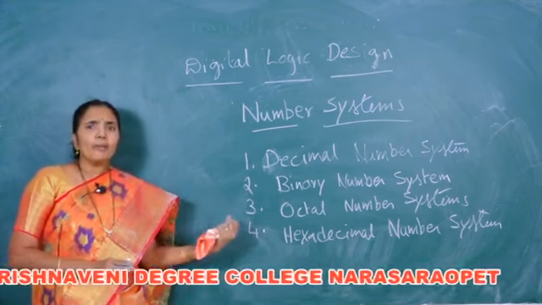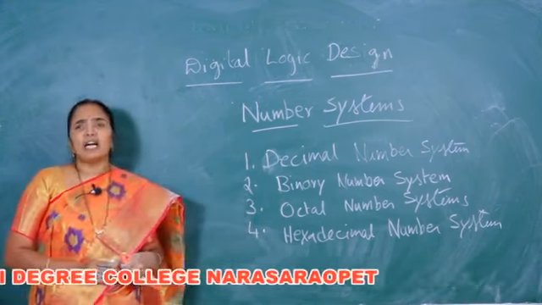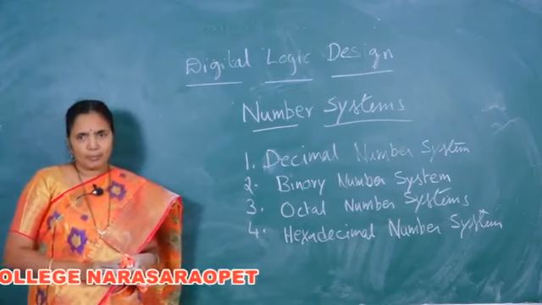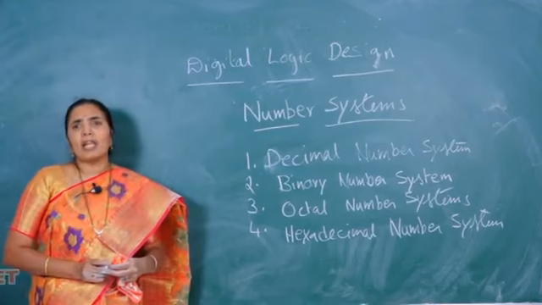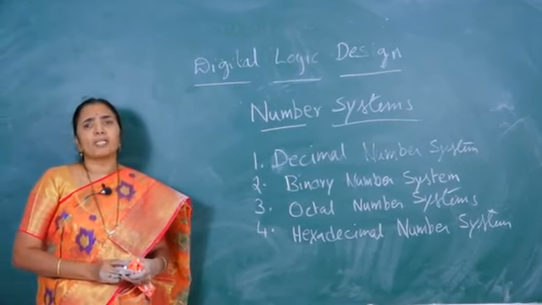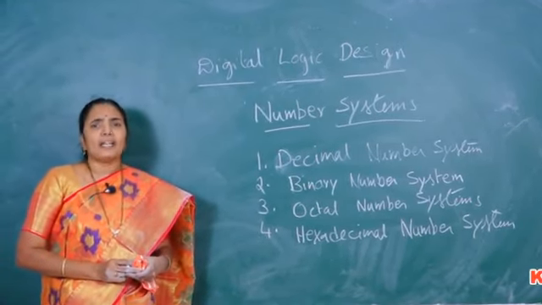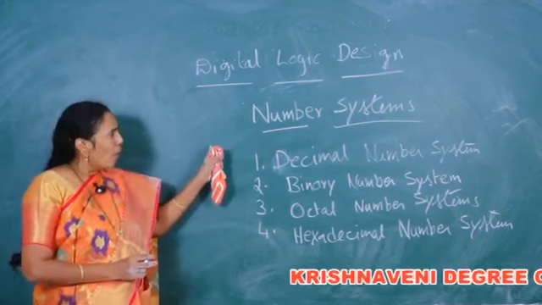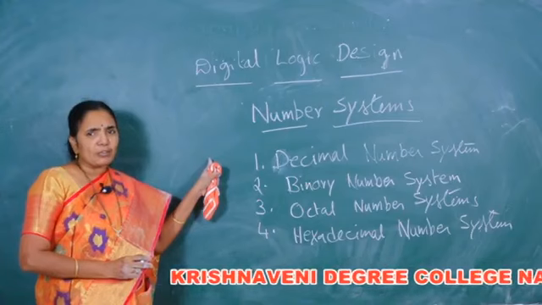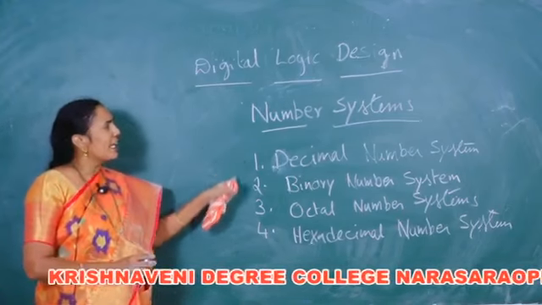So, the human beings are more familiar with the decimal number system. And the octal and hexadecimal number system are used to represent the memory addresses. So, in order to know how to pass the information to the digital system, we have to study all these number systems in detail.